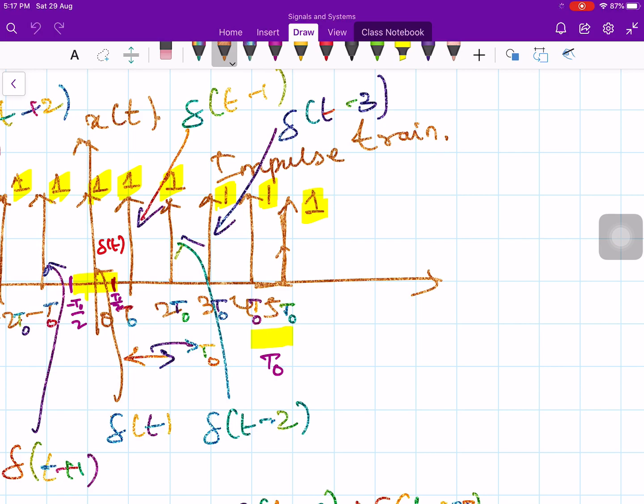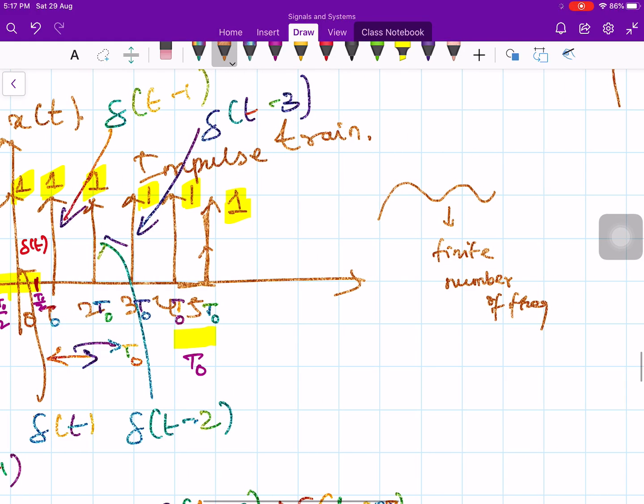If the time function slowly increases like this, then you have a finite number of frequencies. But in reality, the impulse shoots up from 0 to 1 in no time.